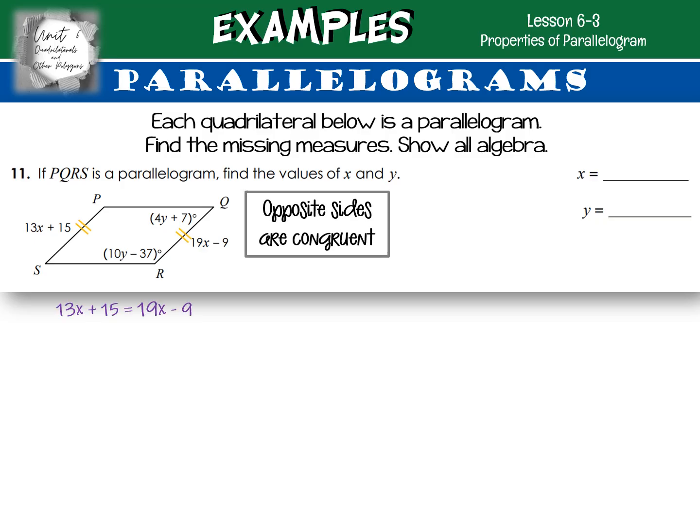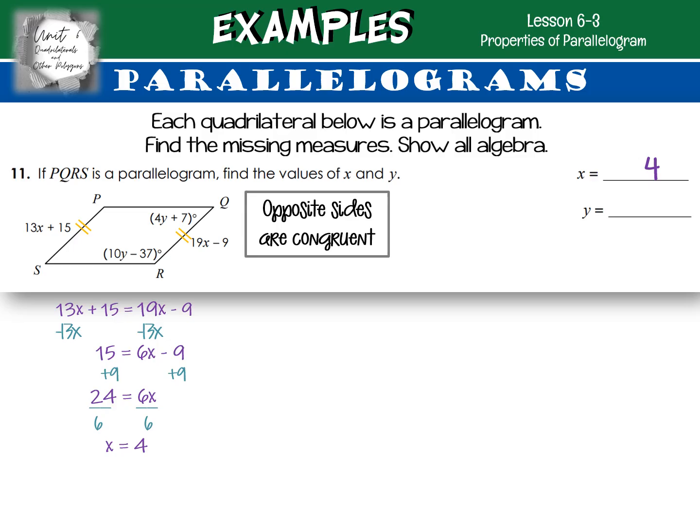So 13x plus 15 equals 19x minus 9. Subtract the smaller x on both sides, so subtract 13x on both sides. You get 15 equals 6x minus 9. Add 9 to both sides. 24 equals 6x. So when you divide both sides by 6, x is 4.